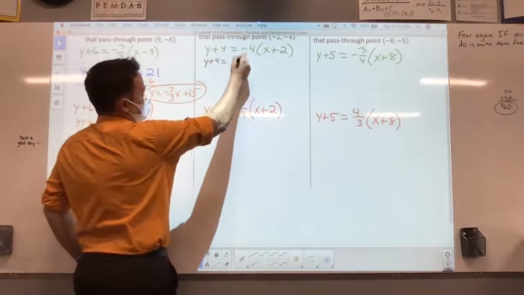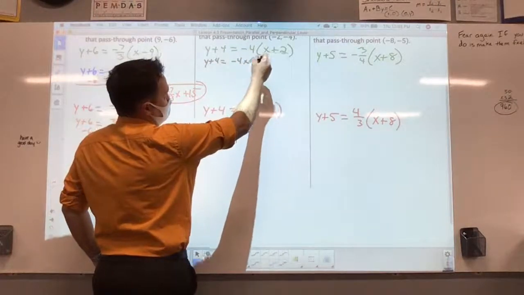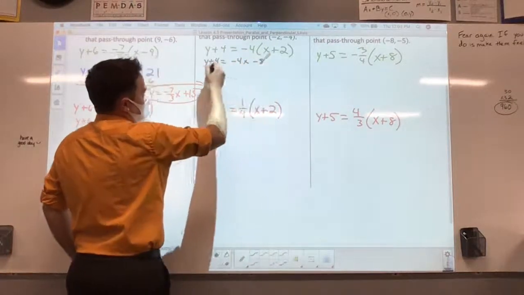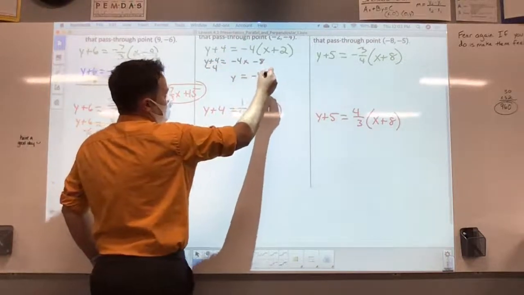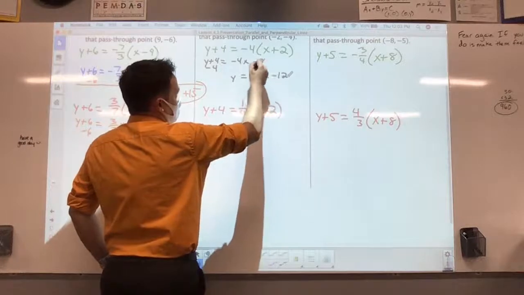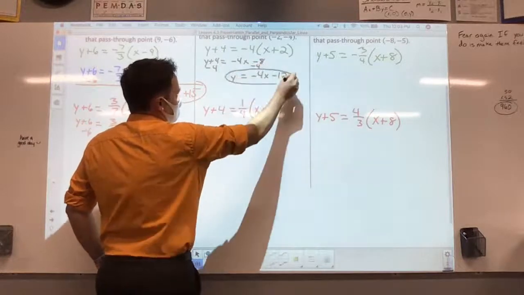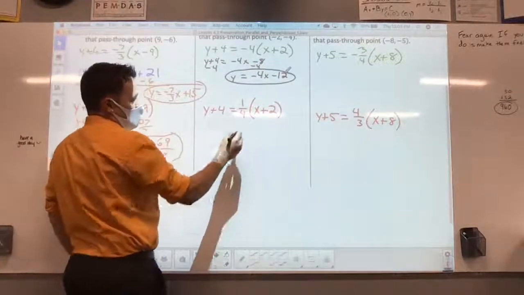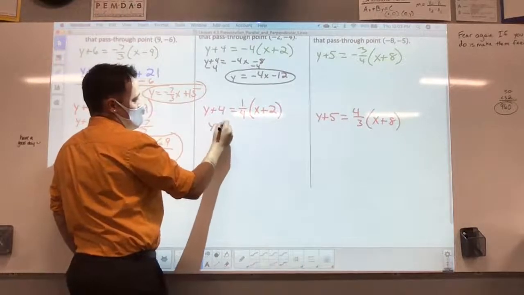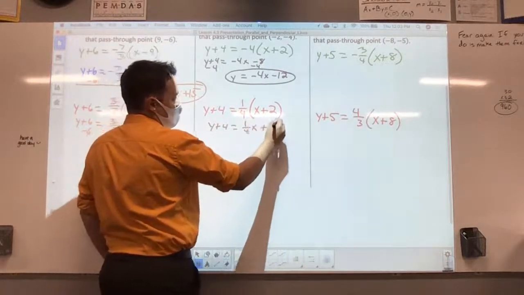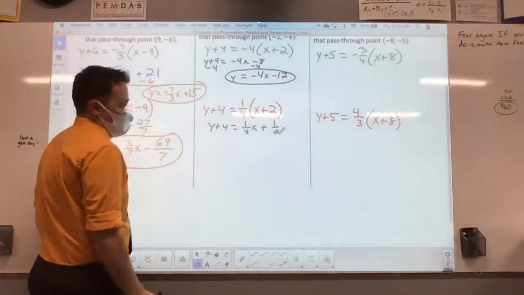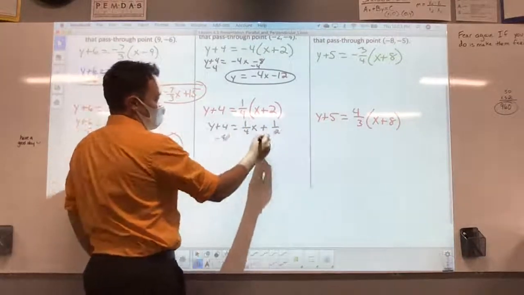Okay, so that would be negative 4x, and that is minus 8, minus 4. So you end up with negative 4x minus 12, like that. There's one answer there. And then the other one would be 1/4 x plus 1/2, and then you would subtract 4.